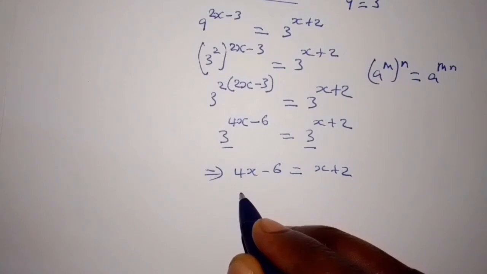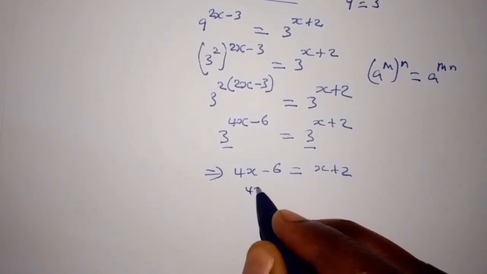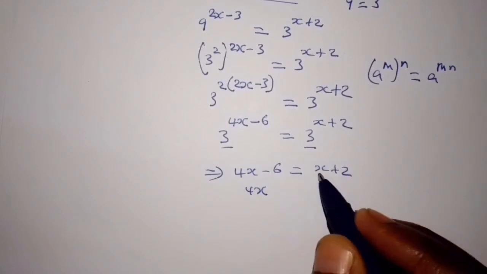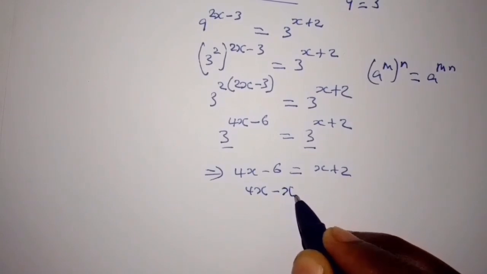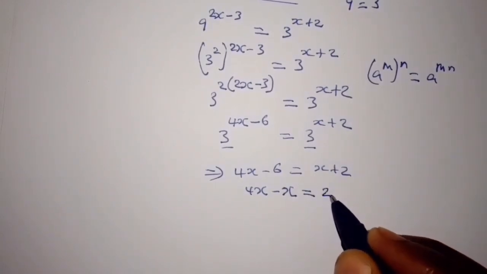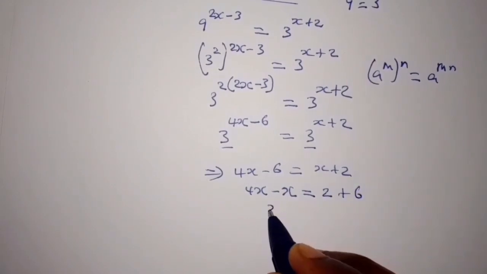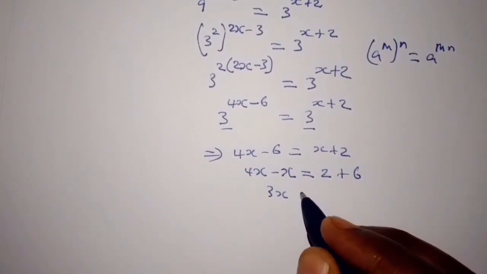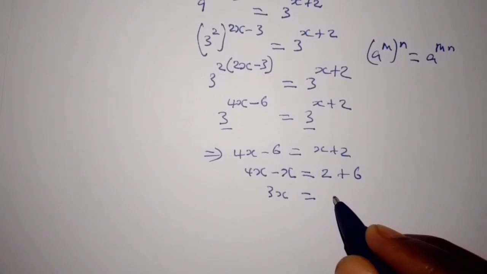So now we can collect the like terms together. 4x, x crossing here is positive, becomes negative, minus x is equal to 2 plus 6. 3x is equal to 8.